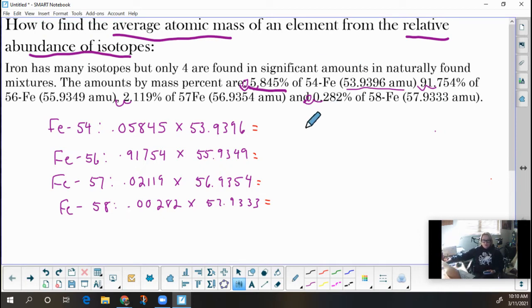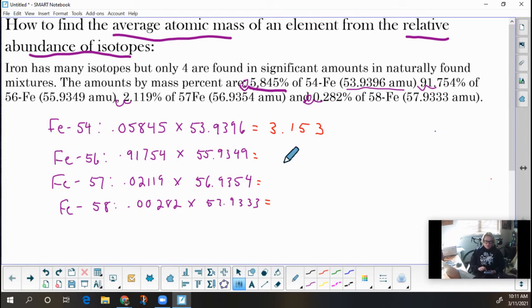The first one here is going to be 3.153. And I'm just going to do 3 decimal places. I like 3. It's just a rounding issue for this particular assignment, so I don't care how many decimal places you go out to.